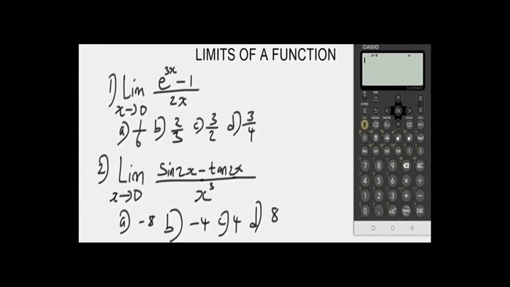So we are still working with the same stored value. Now the difference between question 2 and question 1 is that question 2 involves trig identities. For trig identities, don't solve it in degree. When we solved question 1, the calculator was in degree because it didn't involve trig identities. But this one now involves trig identities. If you solve it in degree, you're going to have the wrong answer.